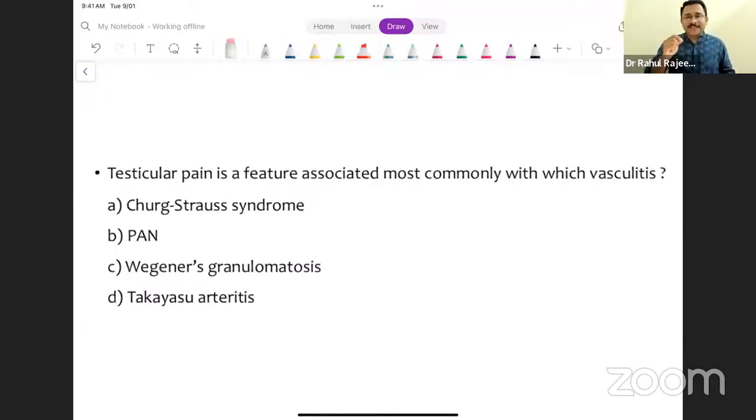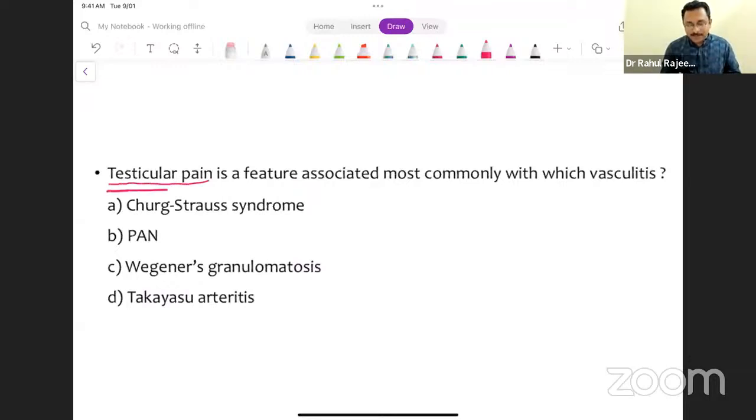Depending on which vessel is involved, the manifestations can vary. For your competitive entrance exams, it is very important to know the key features of the individual vasculitic syndromes. Obviously, there are certain clinical features like rash, purpura, fever, arthralgia, which can occur with multiple vasculitis. But certain clinical features are unique, and one such unique clinical feature is testicular pain.